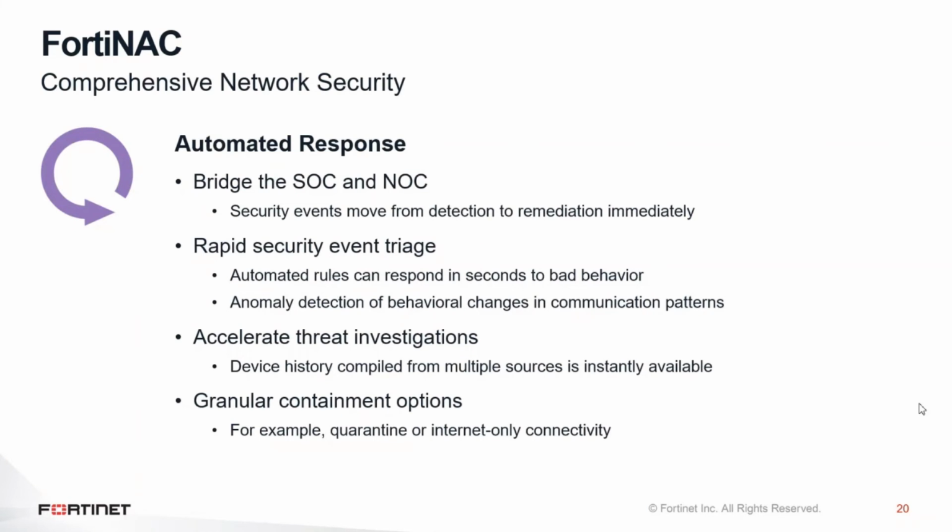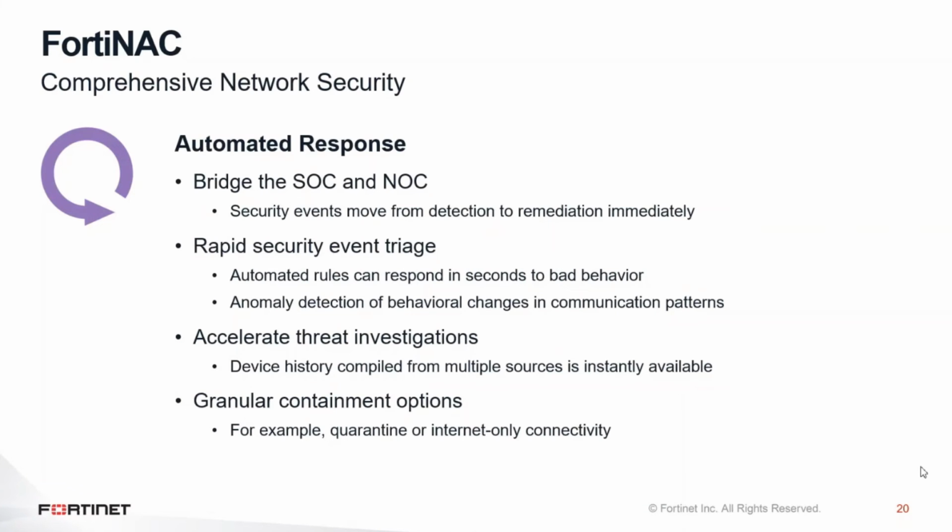One of the most powerful aspects of Fortinet is its ability to bridge the gap between the SOC and the NOC departments by combining detailed security event information with current and historical context of who is connecting to your network, what is connecting, where the user is connecting from, and when that user or device is connecting.